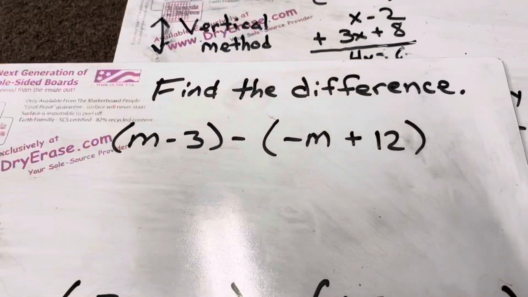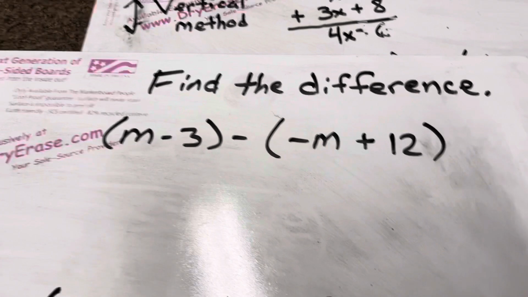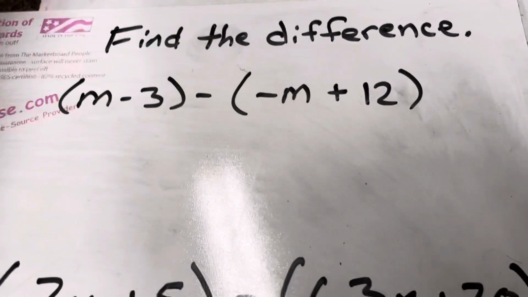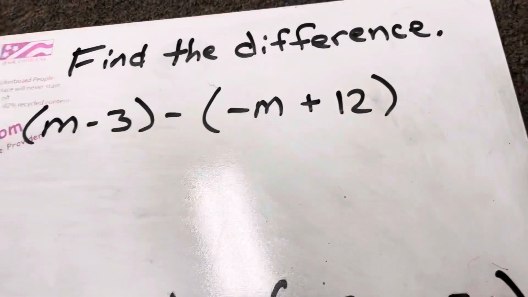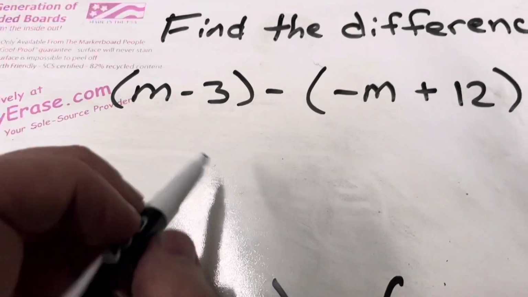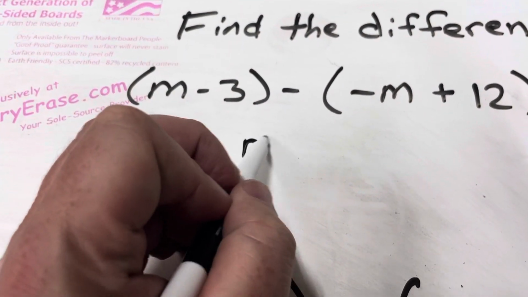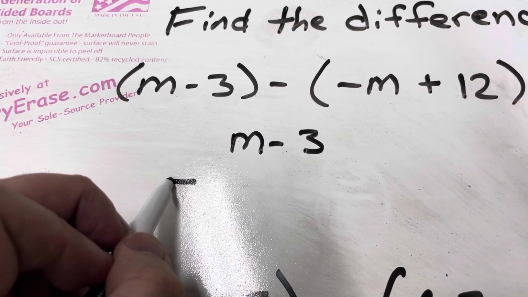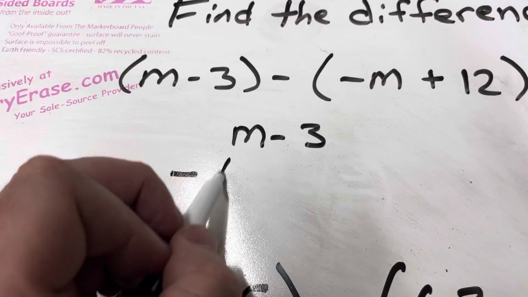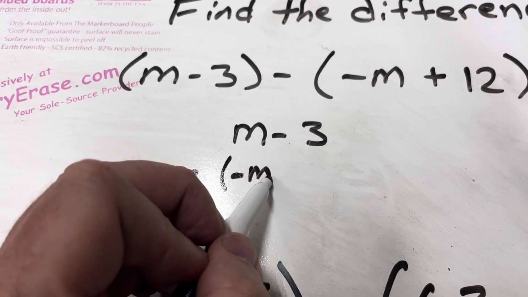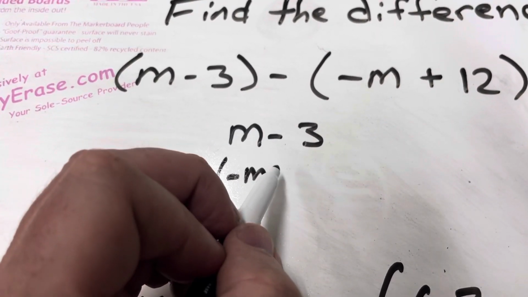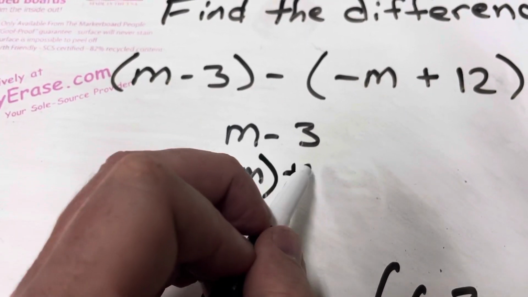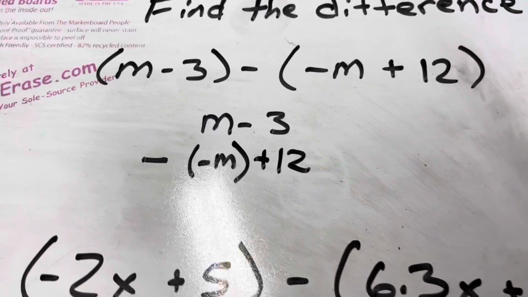Find the difference. M minus 3 minus a minus m plus 12. Well, first thing I'm going to do is I want to do the vertical method. So I'm going to do m minus 3 minus a negative m, because I want to separate the operational signs, plus 12.